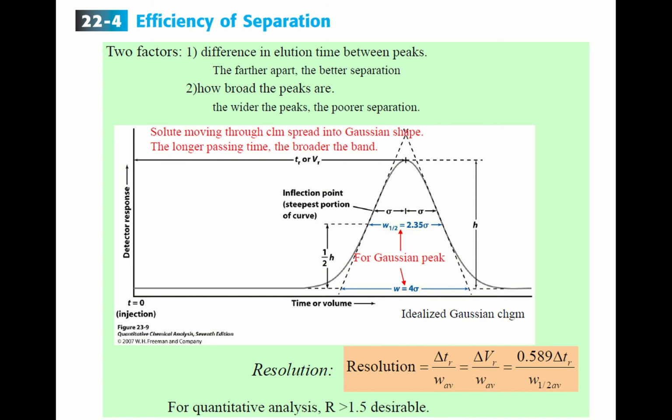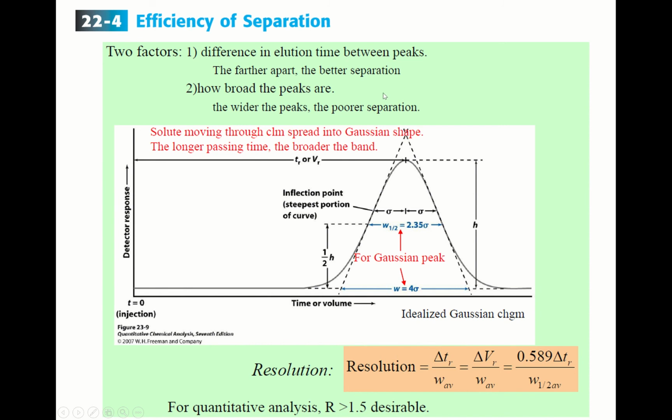At the end of the column, sometimes you want to collect separated solute for further processing, and if the peaks are overlapped, it is not possible to get a pure sample. Okay, so the difference in elution time is very important. The farther apart, the better separation.